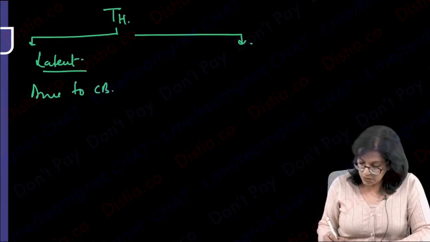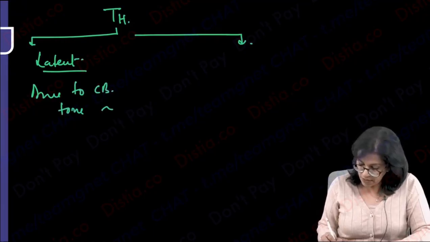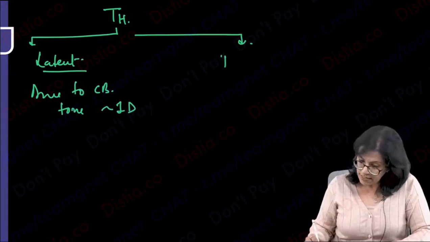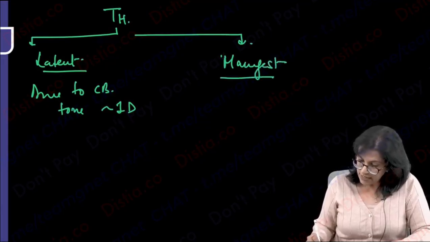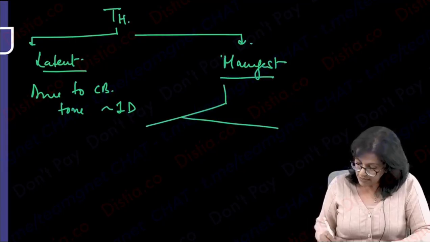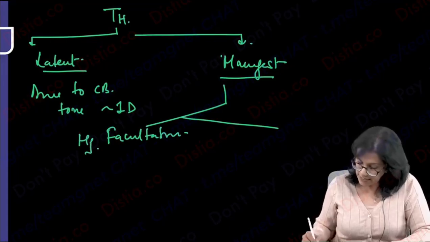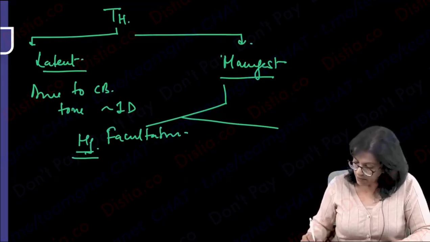This is around 1 diopter. Whereas manifest will again depend on whether it is facultative or absolute. So HF is facultative hypermetropia, or it can be absolute hypermetropia.